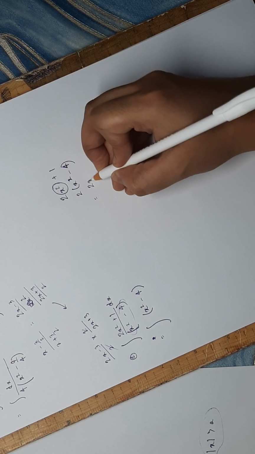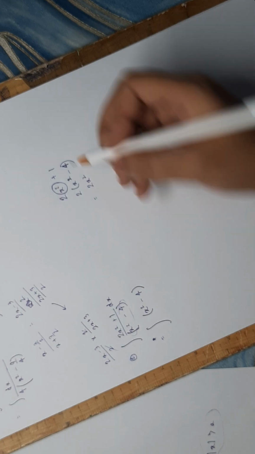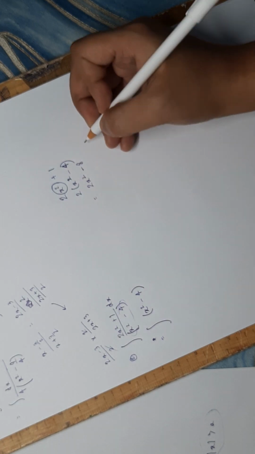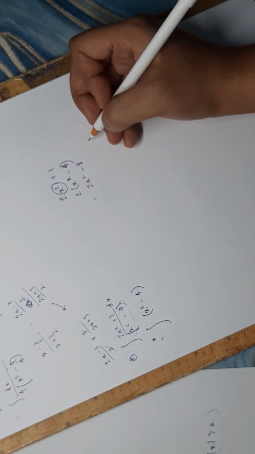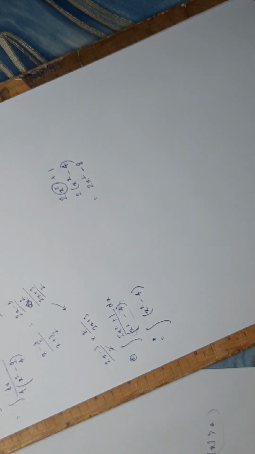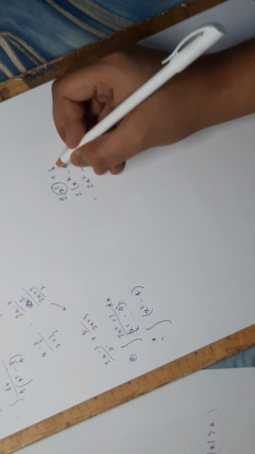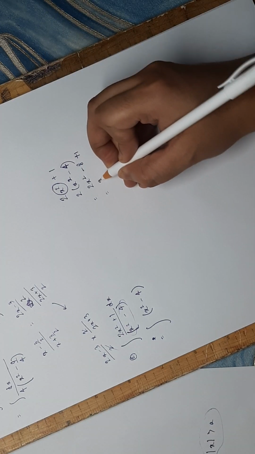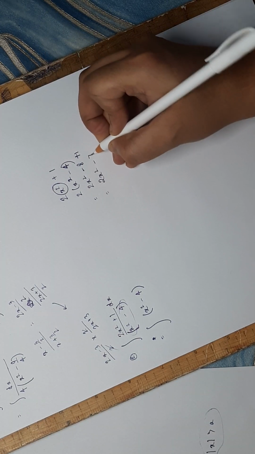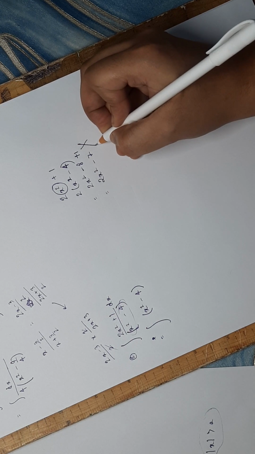I'll be getting a 2x square, which is perfect. I'll be getting a minus 8, which is not perfect. Why? Because if I get a minus 8 and a plus 1, which was already there in the question, then ultimately I'll be getting a 2x square minus 7, which is wrong.